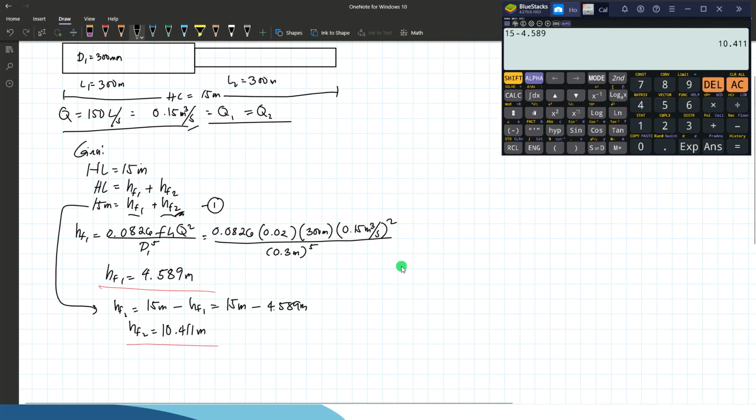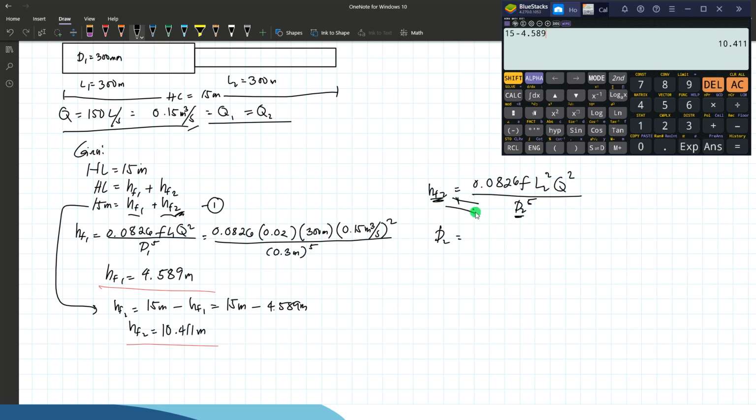So HF2 equals, using the same formula, 0.0826 FL2 Q squared over D2 raised to 5. So we solve for diameter 2. Cross multiply, interchange D2 and HF2.